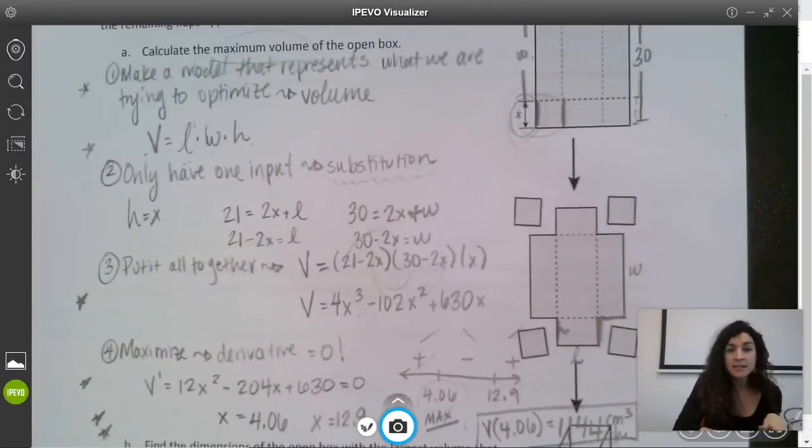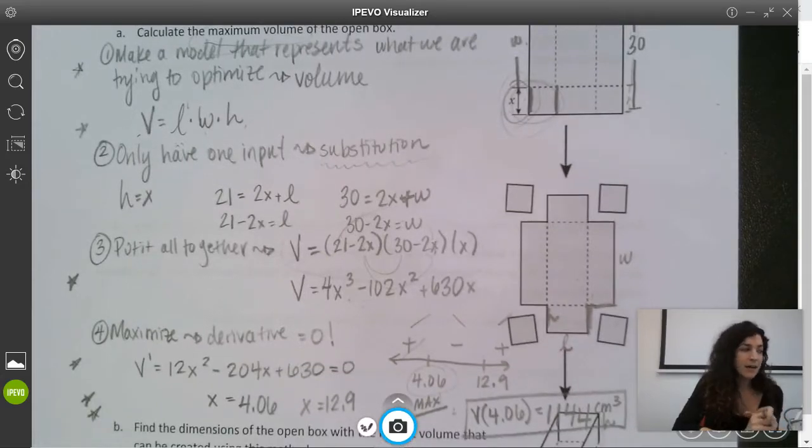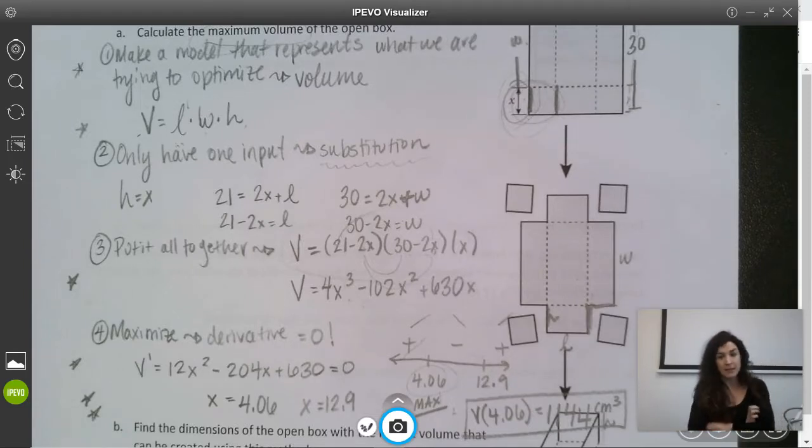This process is hard, and it might have made sense as I was explaining it. Hopefully, if not, ask questions the next time we see each other. But hopefully it makes sense as I'm explaining it, because it's my job to make it make sense. But it's your job as a student to then figure out, what question is she asking me? What question is she asking herself? What is she creating?